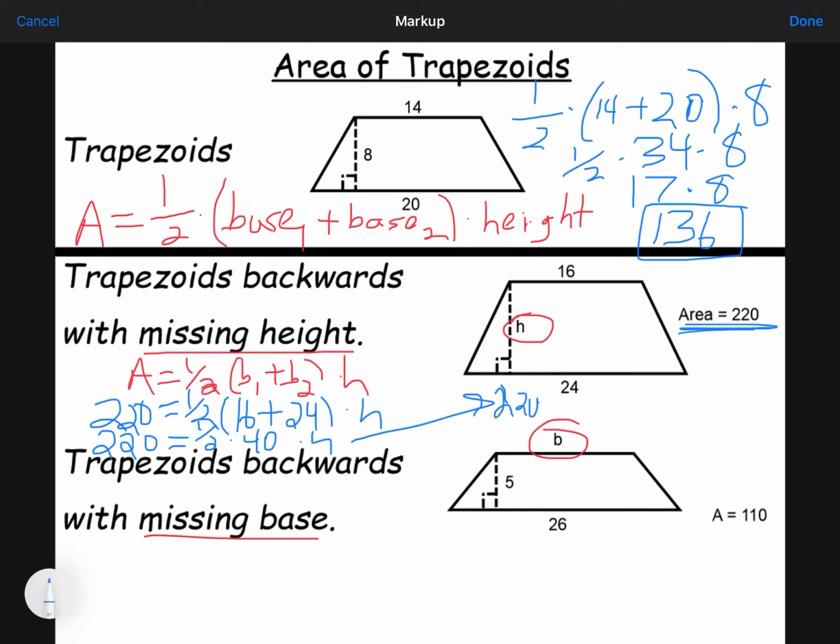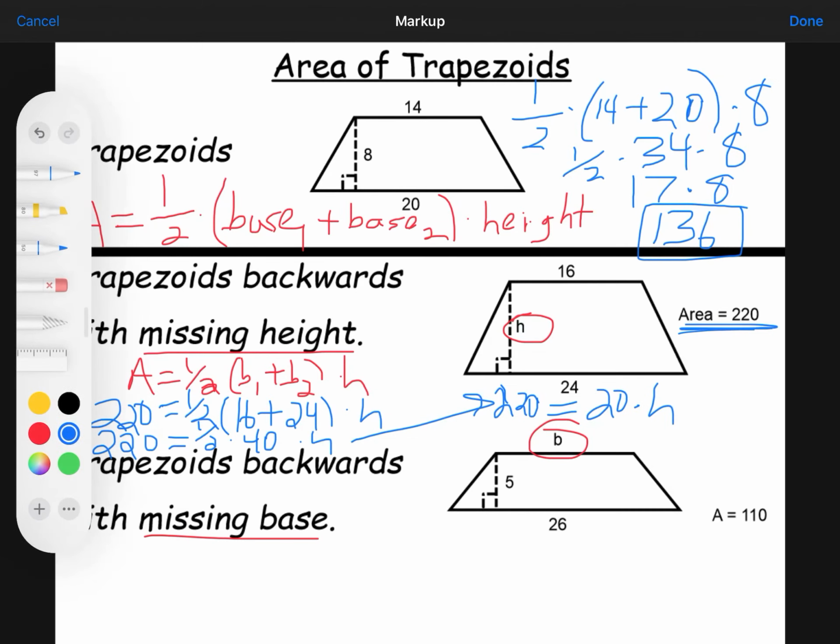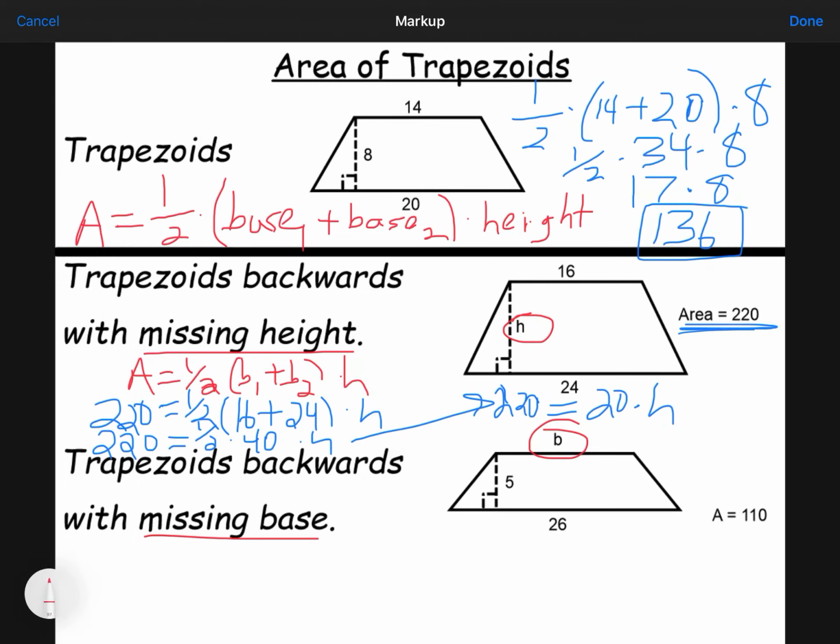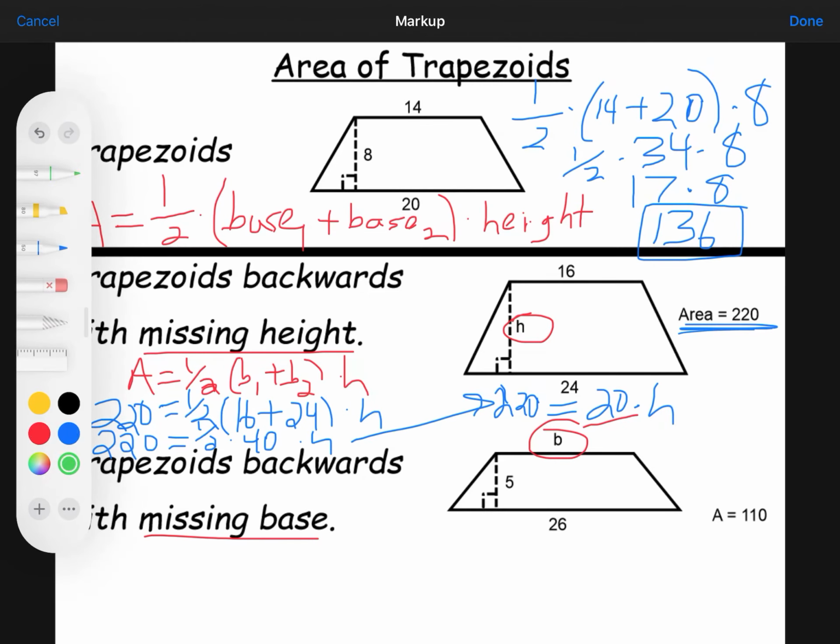Keep bringing everything down. Take 1/2 of what's there, which is 20. And at that point, it's a backward step. Instead of multiplying, you'll work backwards and divide. And 220 divided by 20 gives you a height of 11.